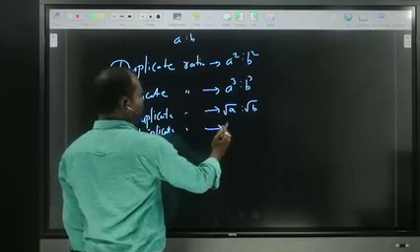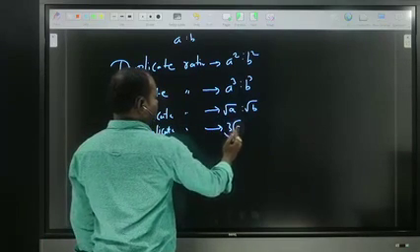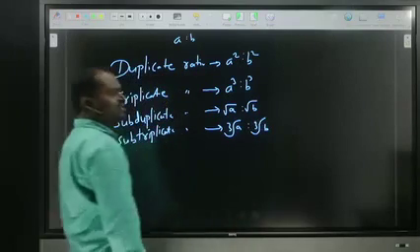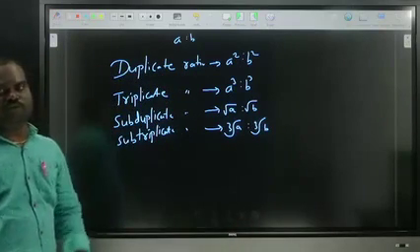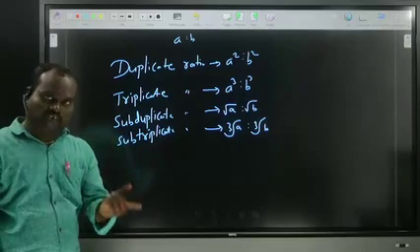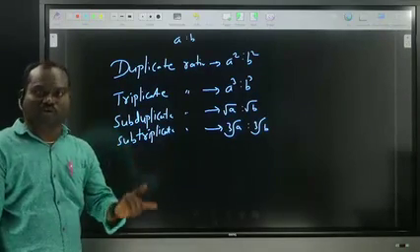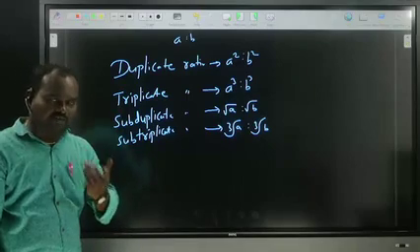Subtriplicate ratio means cube root of A is to cube root of B. In that way, these are the types of ratio. Duplicate means squares. Triplicate means cubes. Subduplicate means square root. Subtriplicate means cube root.